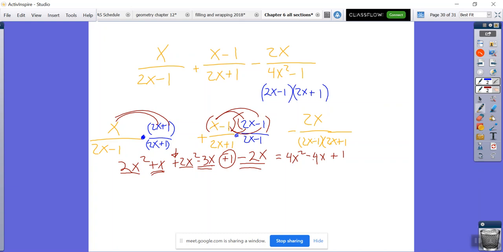All right. So how can we factor 4x squared minus 4x plus 1? And the hint is going to be looking at our denominators right here. Are we going to have two positives or two negatives? Or one of each?